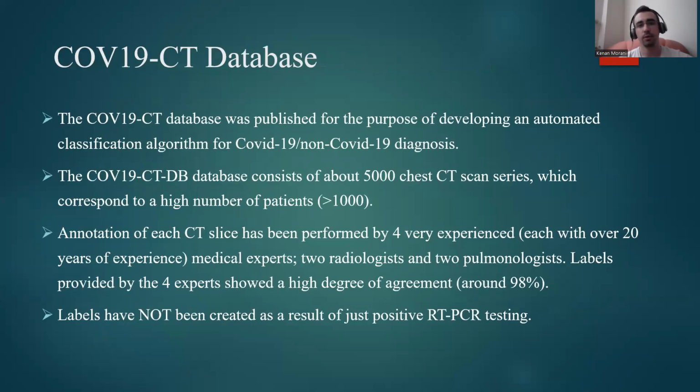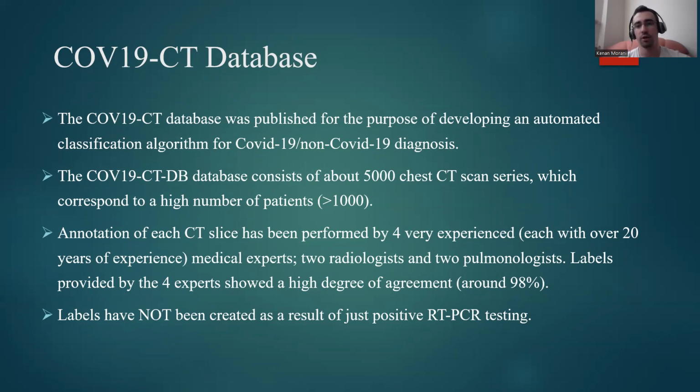So what is this database? Basically, it was published for the purpose of developing an automated classification algorithm for COVID-19 and non-COVID-19 diagnosis. It consists of about 5,000 patients, as I mentioned in the table before, with more than 1,000 patients in here. The annotation of each CT slice was performed by 4 experts, each with over 20 years of experience, so very experienced medical experts.